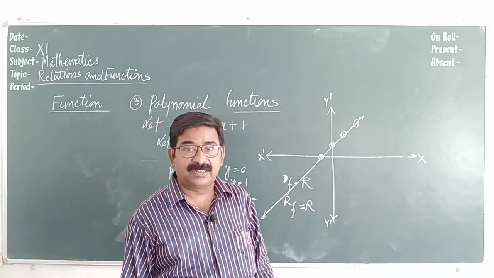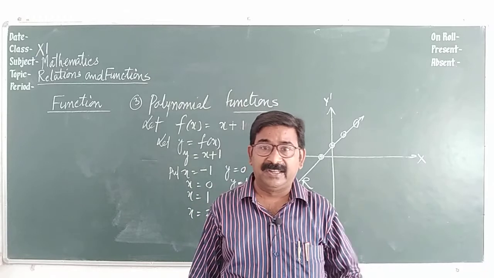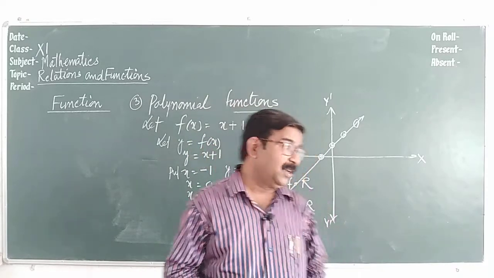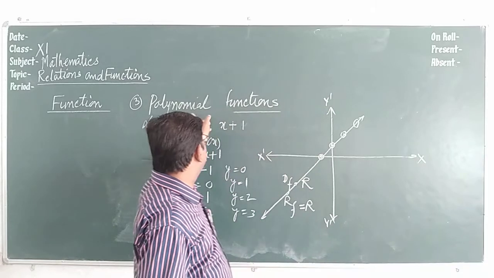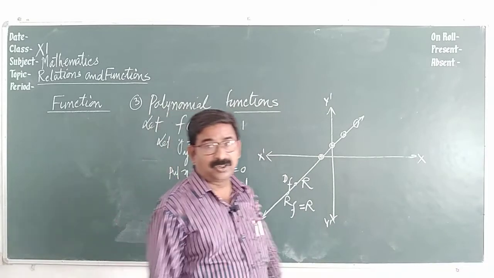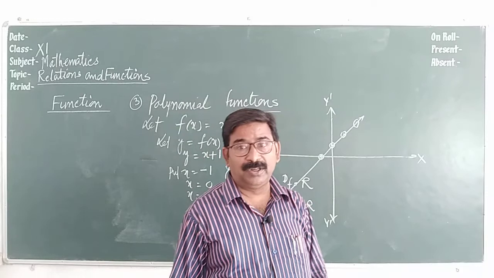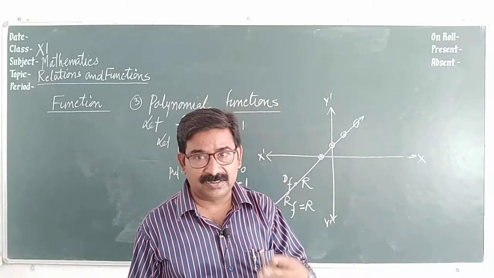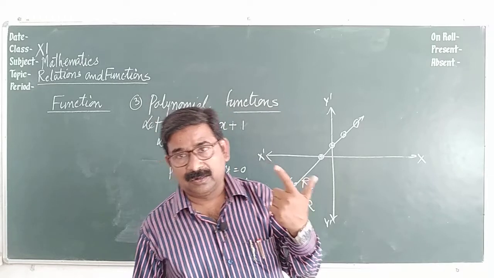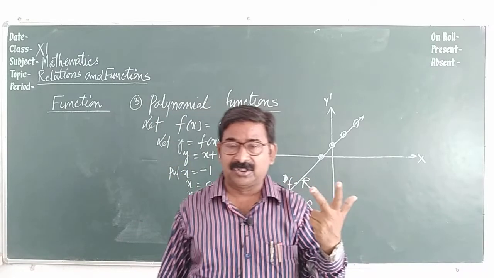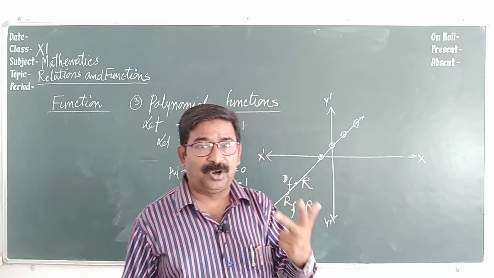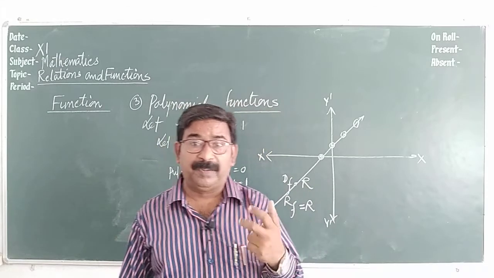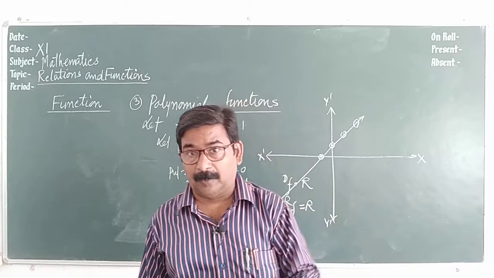Now in today's lecture I have given the idea of three kinds of function: constant function, identity function and polynomial function in one case, that is linear function. So it's your duty to take three different functions, constant function, identity function and linear function, and you will plot the graph on graph sheet, and you will paste your graph in your copy.